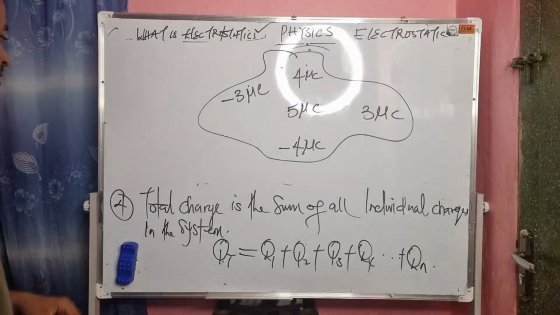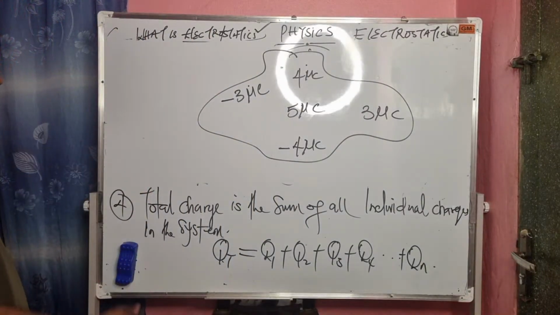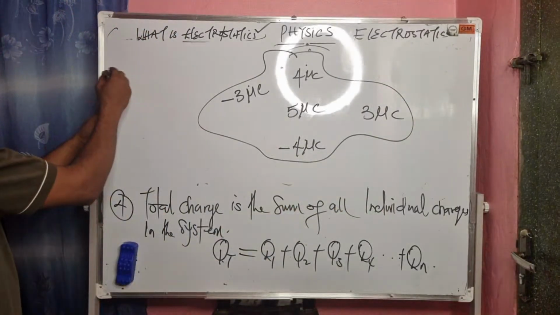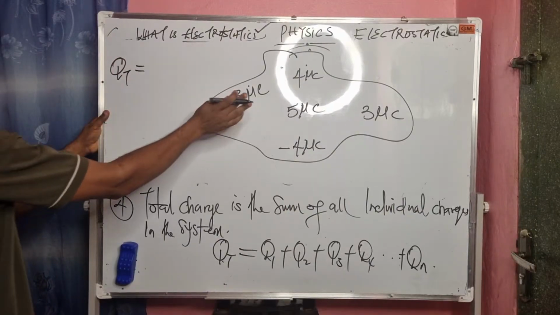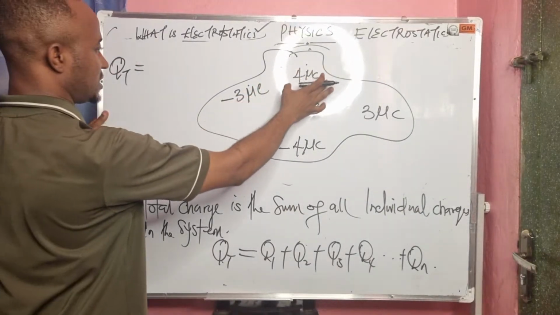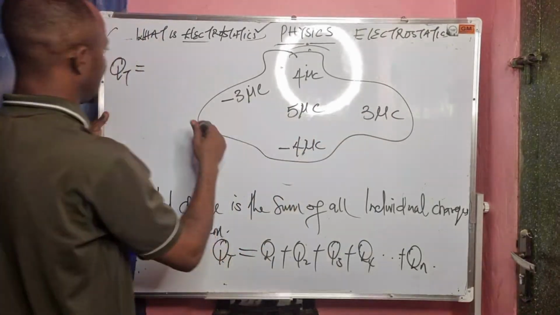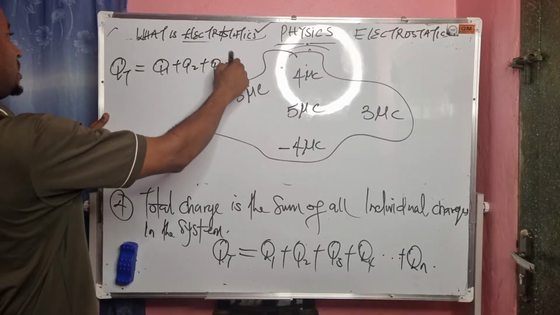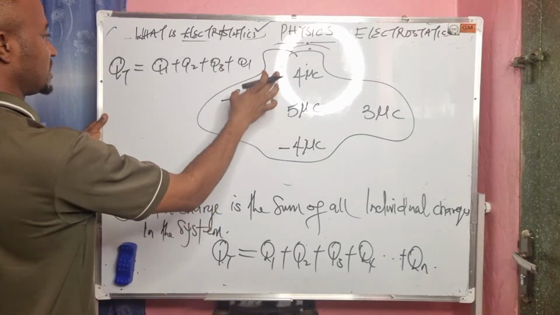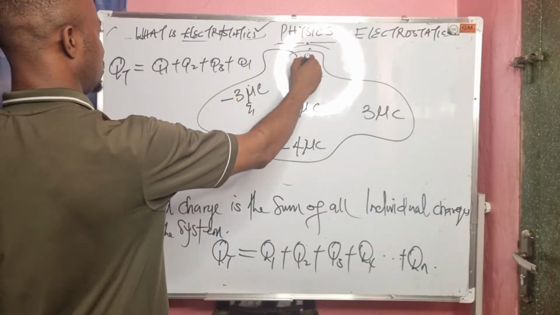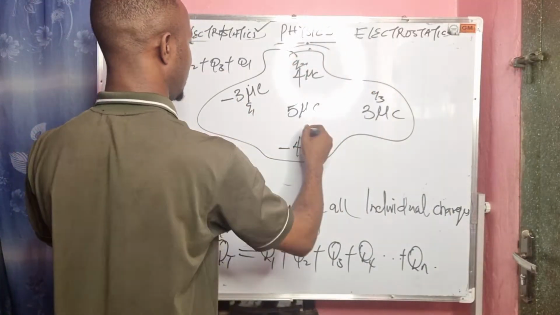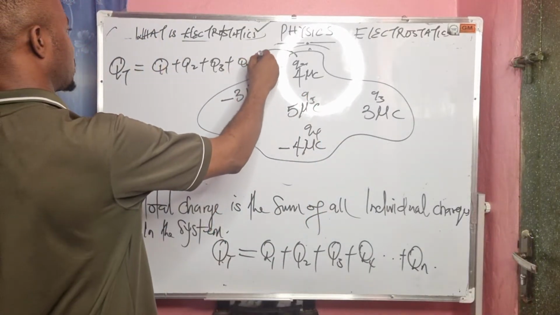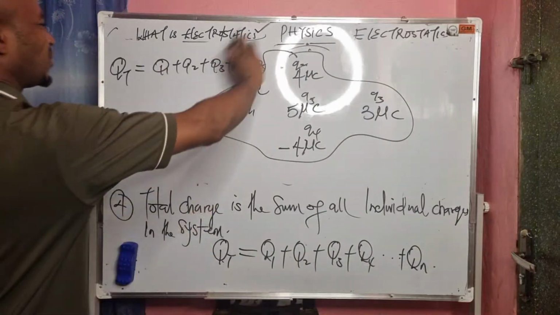We have to find the total charge in this system. The total charge is the sum of all the individual charges in the system. Let's say this is our Q1, Q2, Q3, Q4, and this is our Q5. So the total charge is Q1 plus Q2 plus Q3 plus Q4 plus Q5. What we do is add up everything.